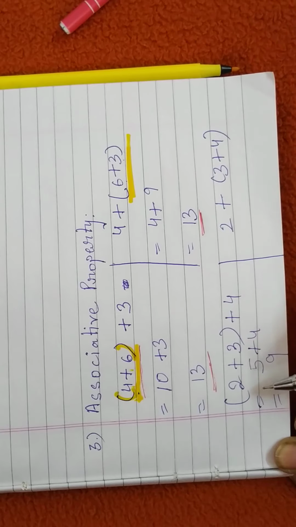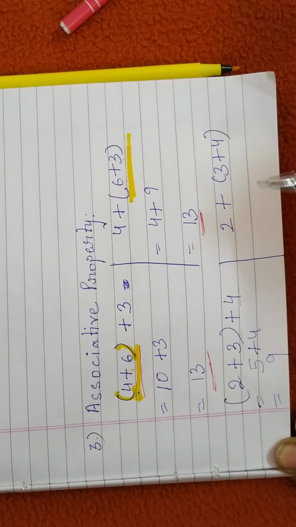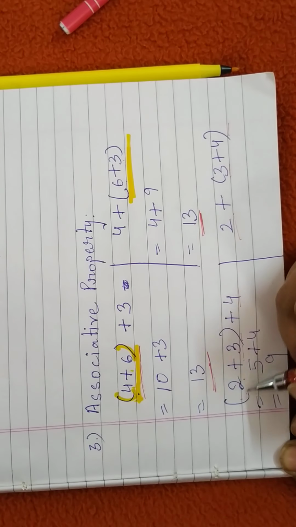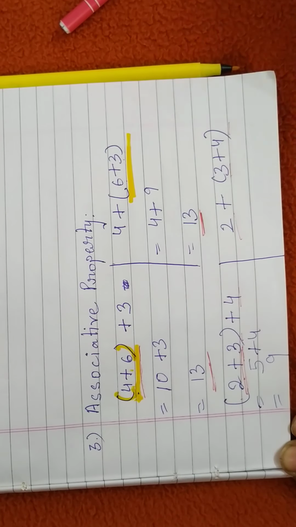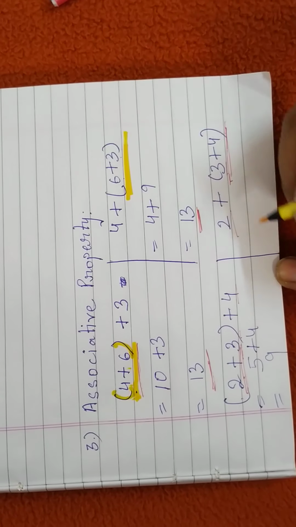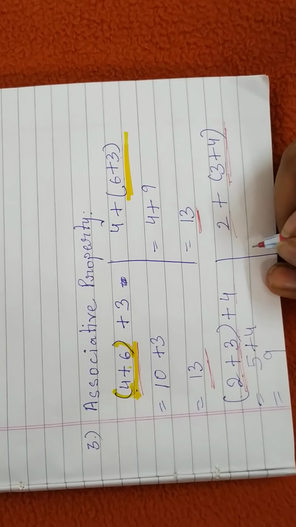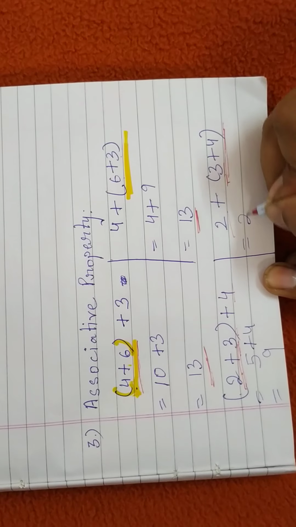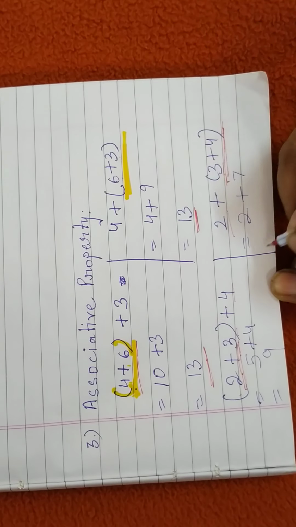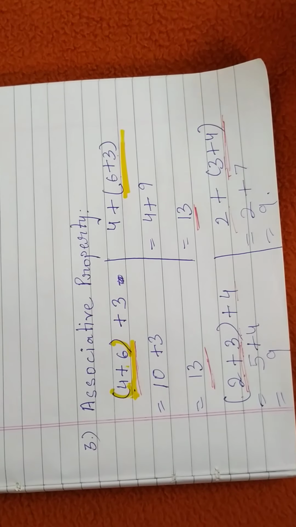Now children, see, addends are the same: 2, 3, 4, 2, 3, 4. But here 2 and 3 are making a group and here 3 and 4 are making a group. But when we add, it is not going to affect the sum. 2 plus 3 plus 4 is what? 7. 7 plus 2 is what? 9.